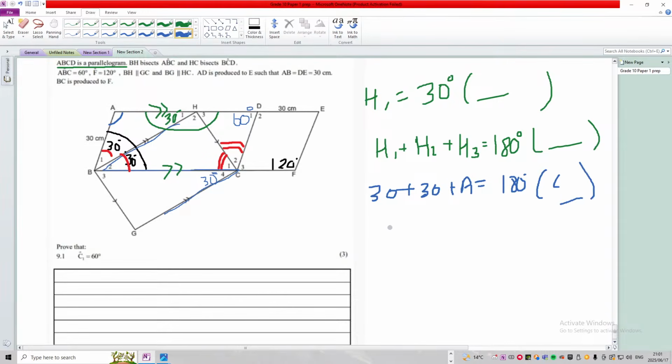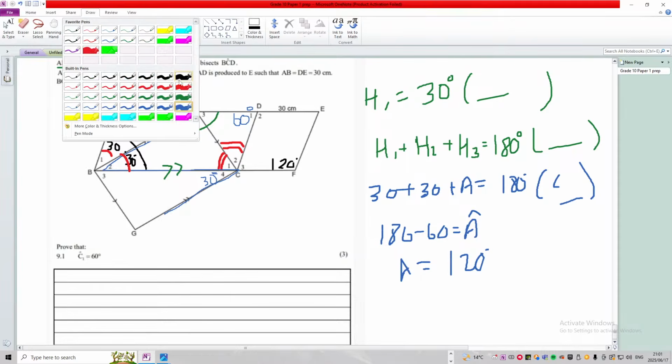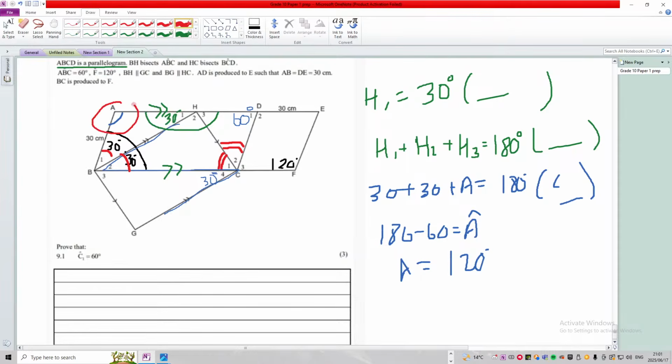So 180 minus 60 is equal to A. So A is equal to 120 degrees. This helps us because this is the opposite angle.